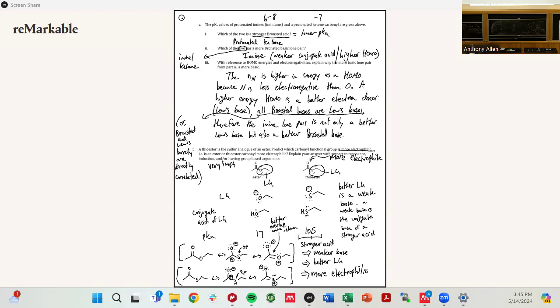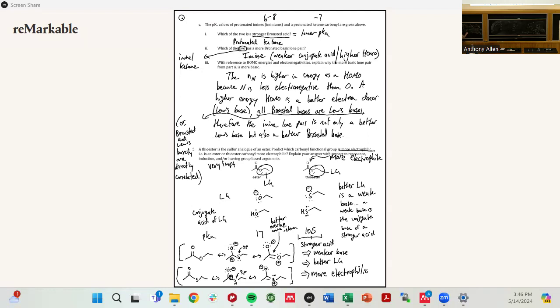Right, leaving group. Leaving group. Leaving group. -7, 4-ish, 15.7, 17, 36 are the pKa's. The thioester was at 10.5, which would be here.